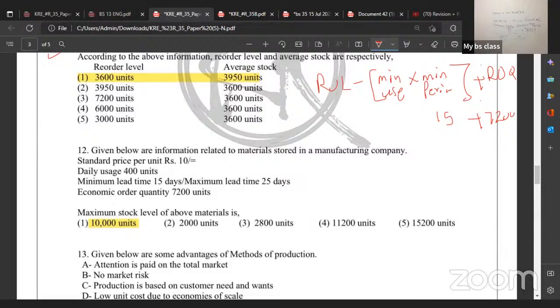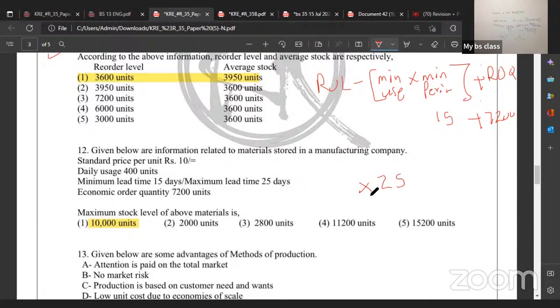And now anyway guys, we have to come up with the reorder level. First try to calculate the reorder level, which is maximum usage into maximum order period. Right, so we have the maximum order period, which is 25 days. අපිට මොකක්ද මෙතන maximum usage කියලා ගන්න වෙන්නේ?